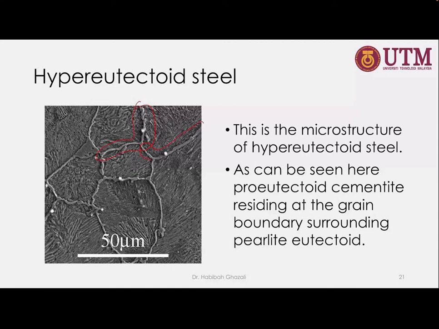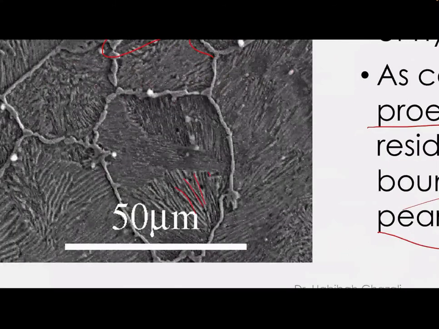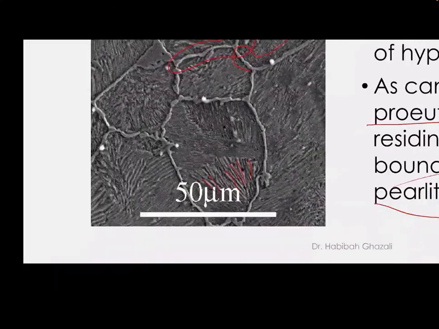This is because it is cementite. This is cementite, and it is hard. You can see the pro-eutectoid cementite residing at the grain boundary, surrounded by eutectoid pearlite. Inside the pearlite, you can also see some cementite.